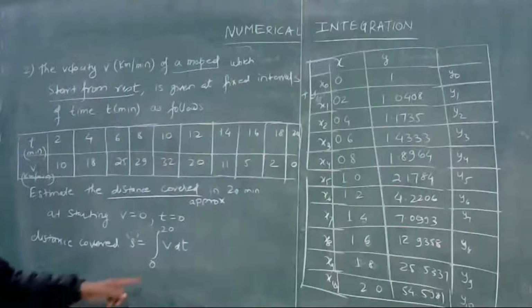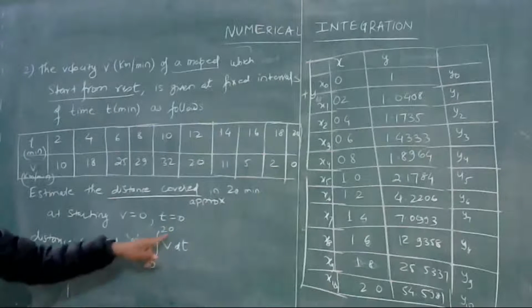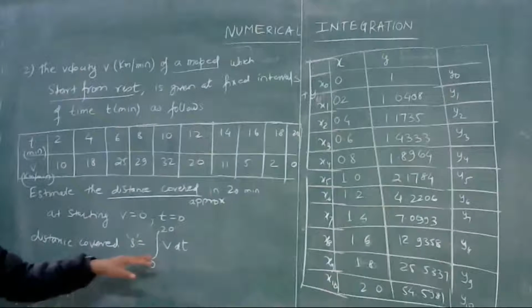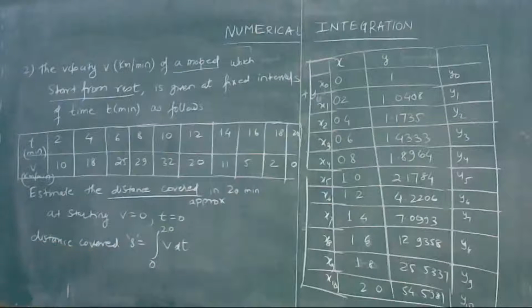So this will be the equation from 0 to 20. This is how we will calculate the distance covered.